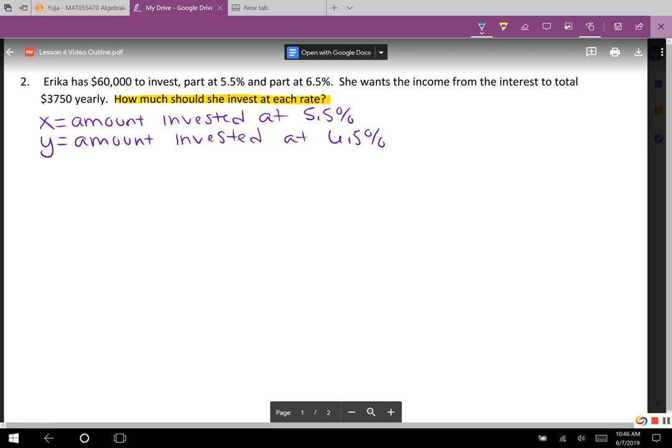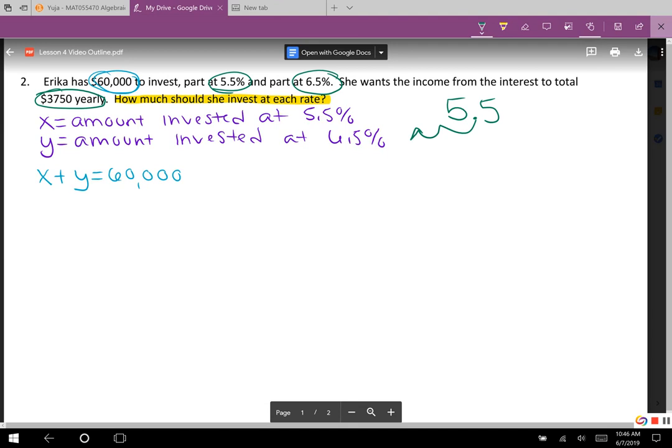So let's see. We are told that she has $60,000 to invest. That means my total, if I take the X plus Y, the amount of money in each account, that has to add up to $60,000. We're also given the amount of interest. And so the first account is making 5.5% interest, and the second account is making 6.5% interest. So 5.5%, I'm going to move the decimal 2 places to the left.